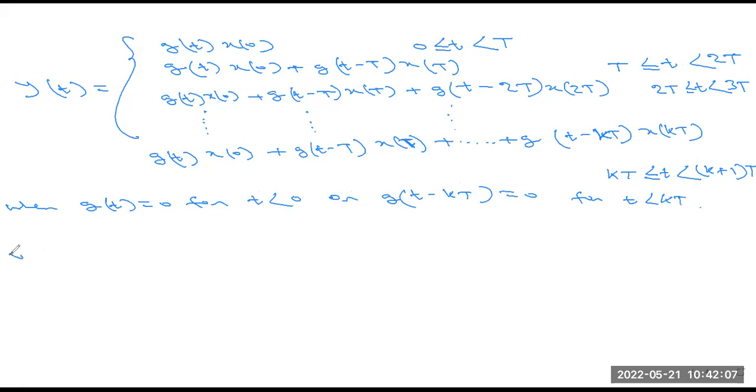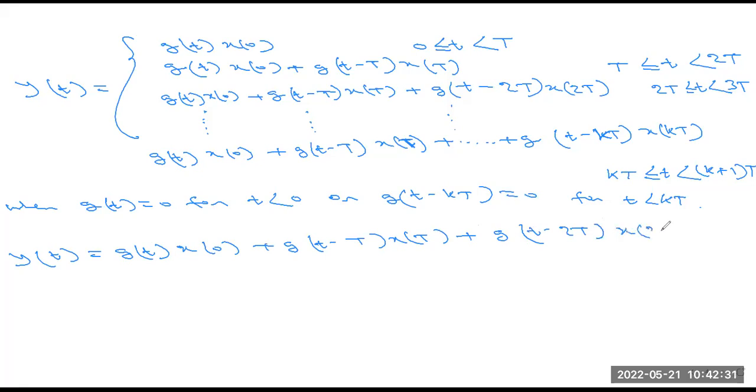So now we have to rewrite the previous equation: y(t) is equal to g(t)x(0) plus g(t - T)x(T) plus g(t - 2T)x(2T) plus dot dot dot, up to g(t - kT)x(kT).